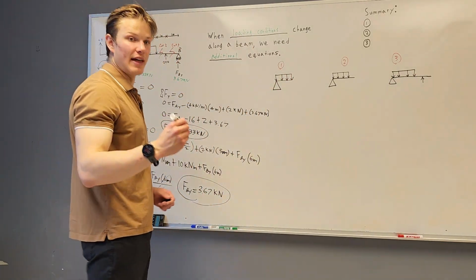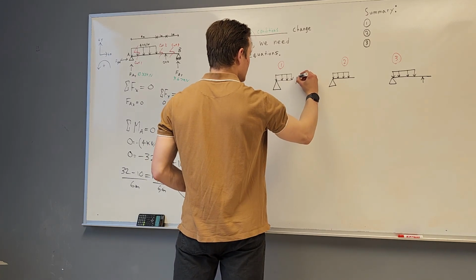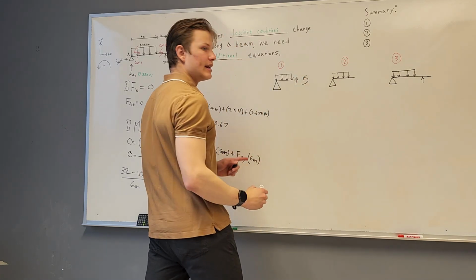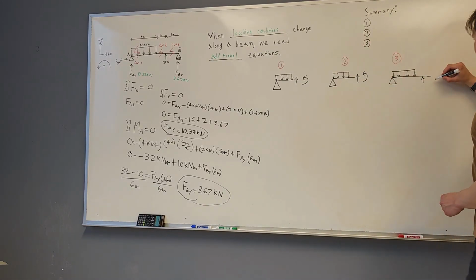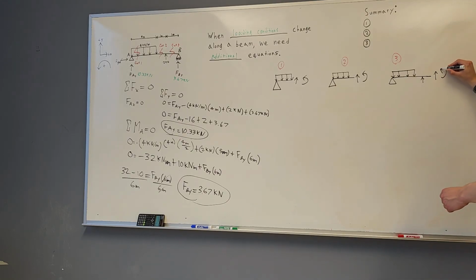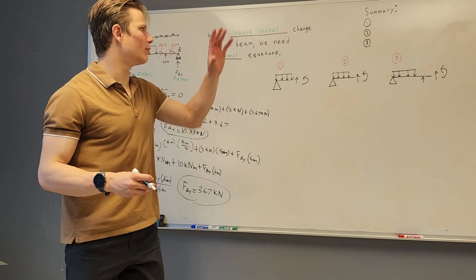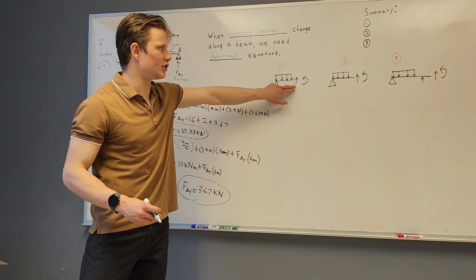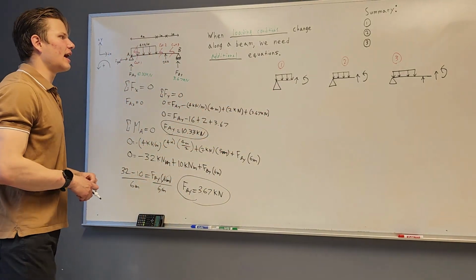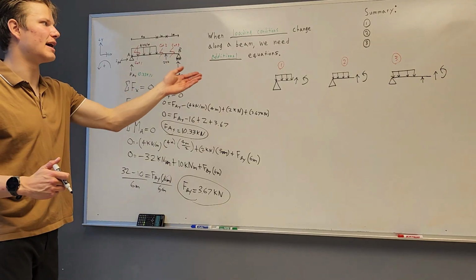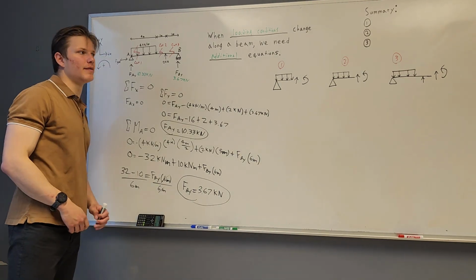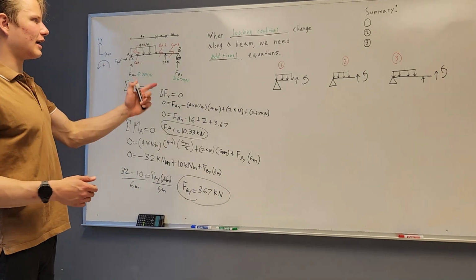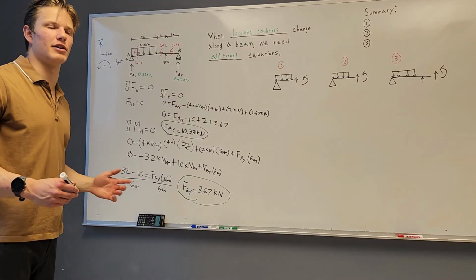And just like last time, that leaves us with internal shear and internal bending reactions at each of these points. And you'll remember from last video that we're not adding any new forces here. All we're doing is we're replacing one side of the beam with the equivalent shear and bending that it's causing. And this allows us to evaluate the shear and bending at those individual points. So now it becomes like the old problem, except now we're going to have to do 3 distinct calculations to find our equation.